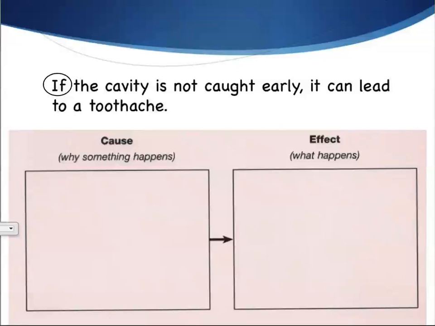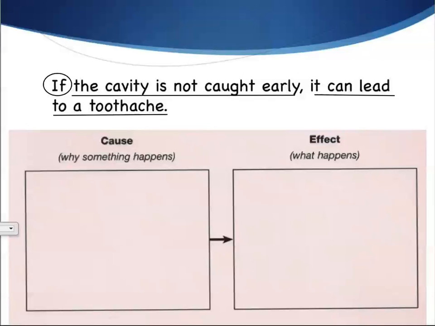Remember, the cause is why something happens, and the effect is what happens because of it. All right, if you said the cause is, if the cavity is not caught early, you are right. And if you said the effect is, it can lead to a toothache, you are right.